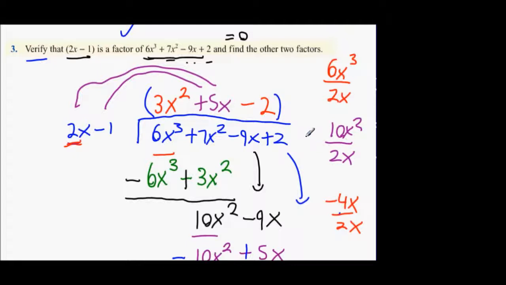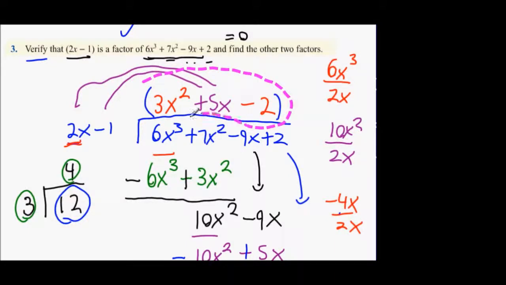Now, if I was to make this much simpler, from primary school, 3 into 12 goes how many times? 4. So basically, this one multiplied by this one equals 12. This is the same thing.